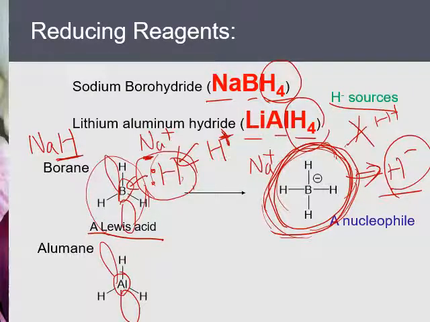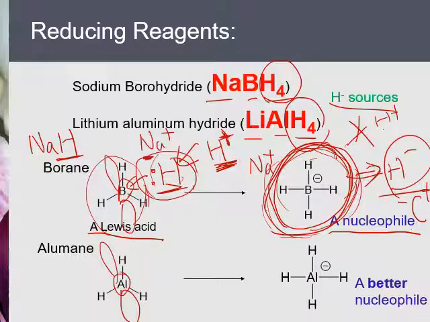Instead, it likes a larger cationic carbon, and therefore it's called a nucleophile. So borohydride is a much better nucleophile than hydride, because hydride is small and likes protons. Aluminum is even bigger than boron, so aluminum hydride is an even better nucleophile that attacks a positively charged carbon even better.